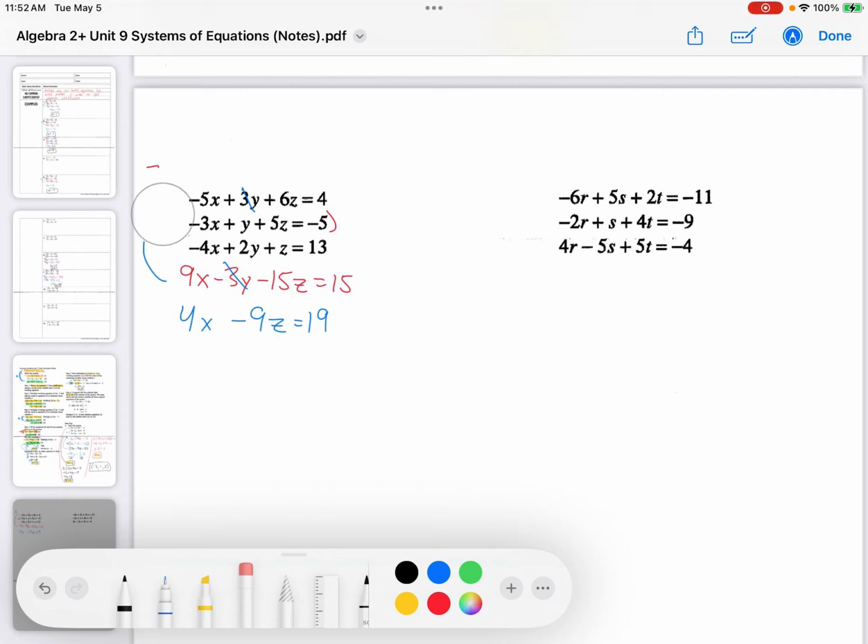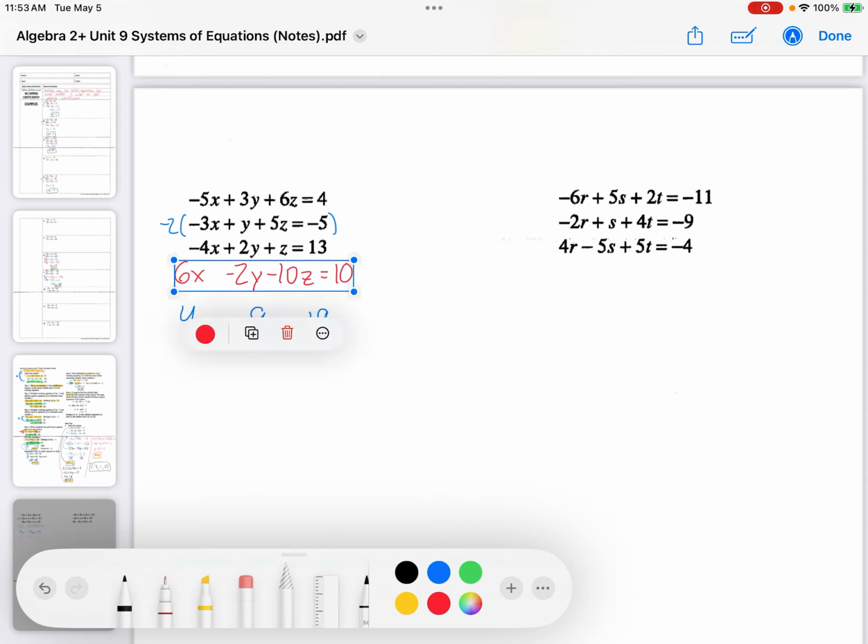Okay. So then we'll do something very similar, but we will multiply this middle equation by -2 in order to cancel out with the bottom equation. So we can do that here. That would give me 6x minus 2y minus 10z equals 10. And then if I add that, here, let me put that up here.